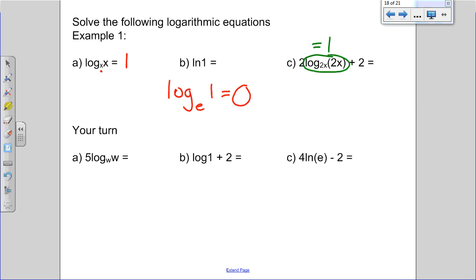So this question is really 2 times 1 plus 2. So the answer is 4. But you have to recognize the base and the argument are the same. That log can be replaced with just a single 1 because that's what it equals, and then solve from there.